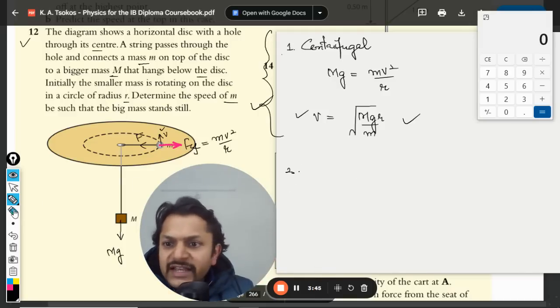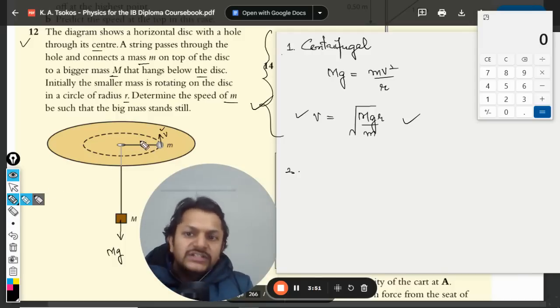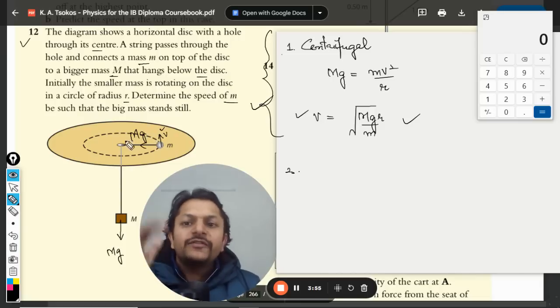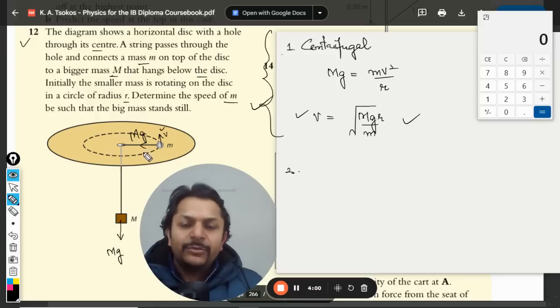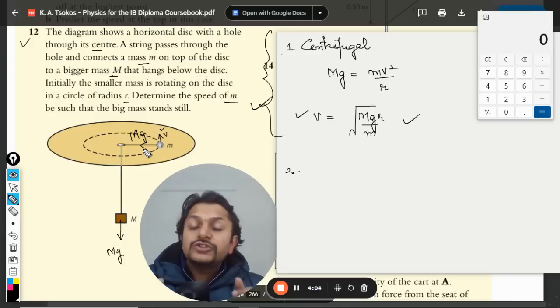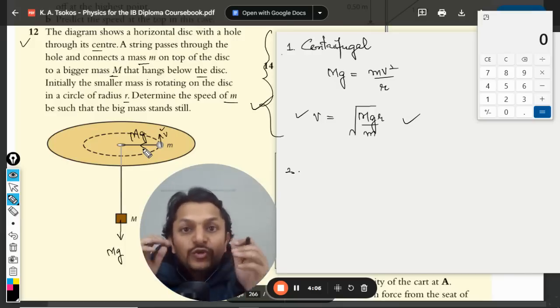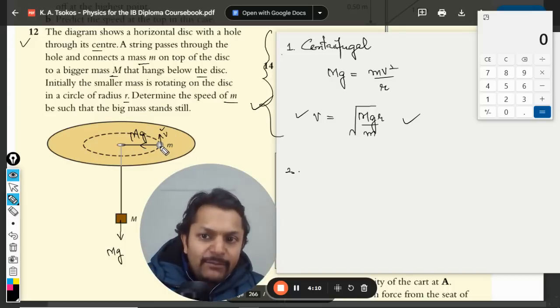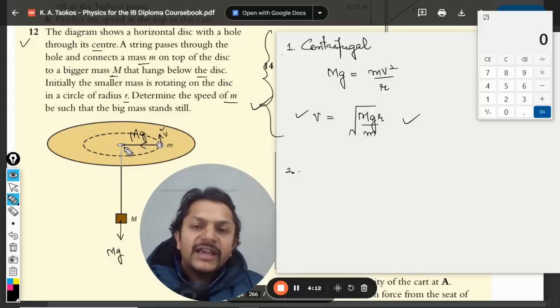We will say that there is no such force. We don't know this force. We will say that the only force which is acting towards the circle is Mg, and it is moving in a circular fashion, which means that Mg is now acting as the centripetal force. So the force Mg, which could be used to pull the mass m towards the center, is not pulling the body.